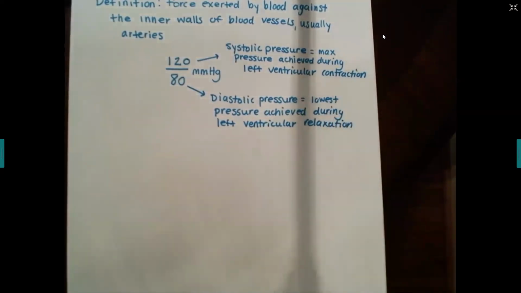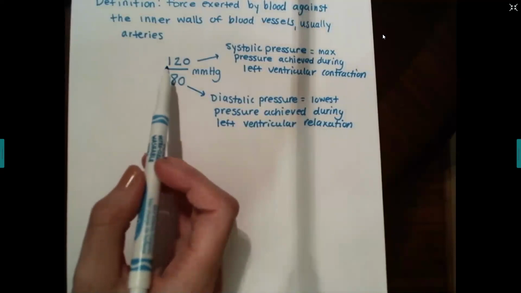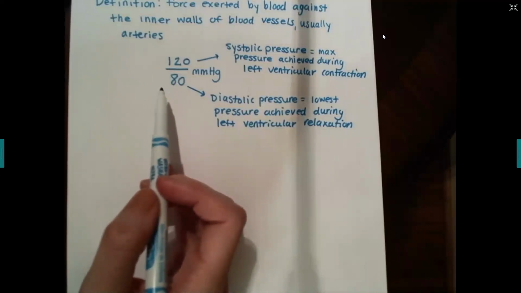Okay, and I've taken many a blood pressure in my time, and people will always say, well, are you worried about it? Was it okay? Am I all right? And I'll say, well, I'm not as concerned about the top number as I am the bottom number. I do this with my parents, I do this with my husband.